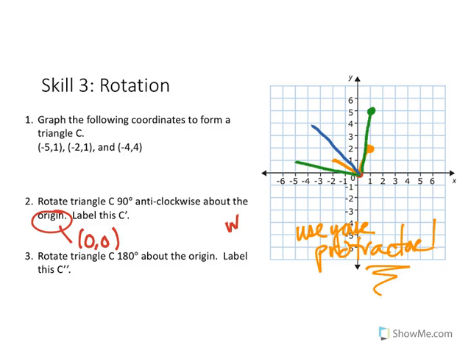Draw a line straight to the point of rotation. And you'll notice that when you draw 90 degrees, it will land right here exactly. Once you have it, connect the dots, and that is your new shape. This is C prime. And yes, that is a 90-degree rotation.